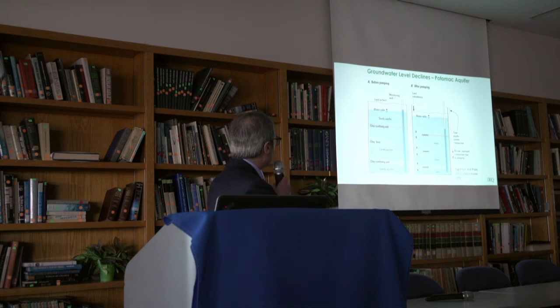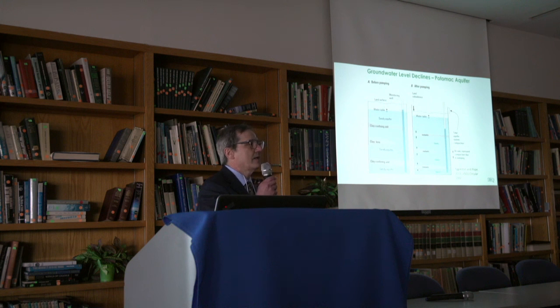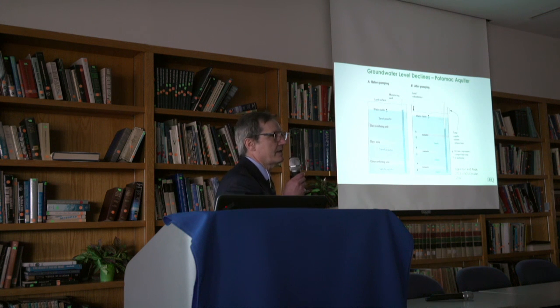centers. So here, I wanted to point out one of the things about the Potomac Aquifer is that it's highly interbedded with clays, and at one point in time, depending on if you're a lumper or a splitter, if you're a splitter, at one point in time we looked at the Potomac Aquifer as 3 separate aquifers.